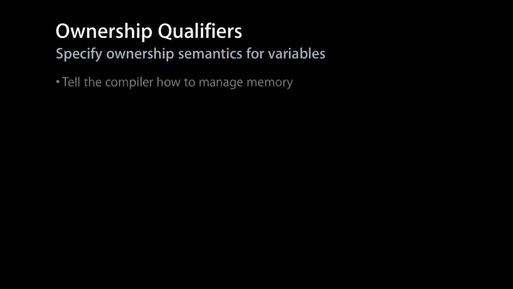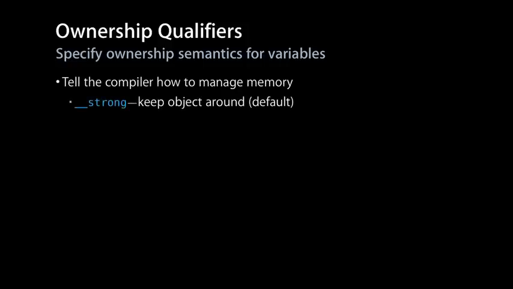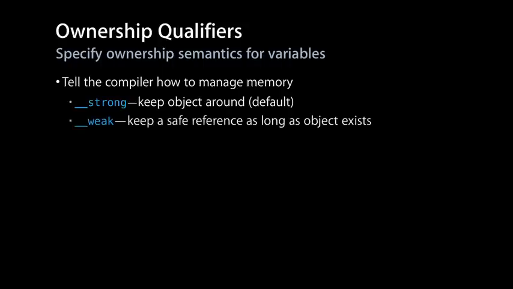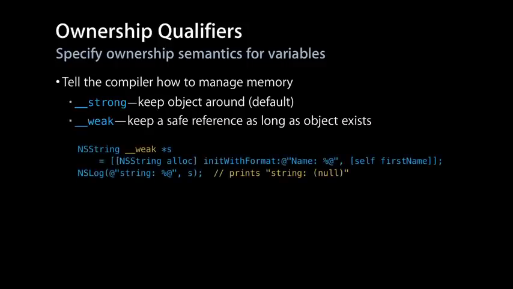Ownership qualifiers allow you to tell the compiler how it should do memory management for Objective-C types. __strong is the default and will keep an object alive. __weak will keep a safe reference as long as the object exists. Here's a fun example to see ARC in action. If you were to declare a local variable as weak and then never assign the object it points at to something with a strong reference, it can go away immediately after it's created.